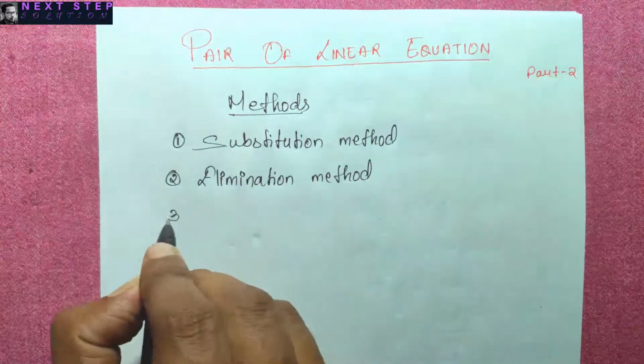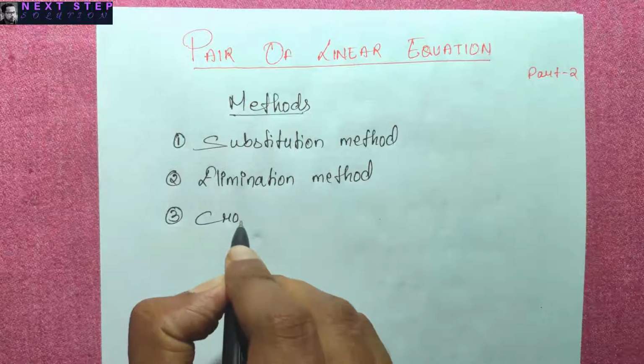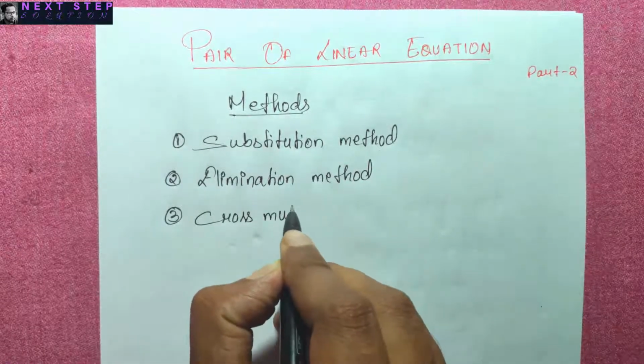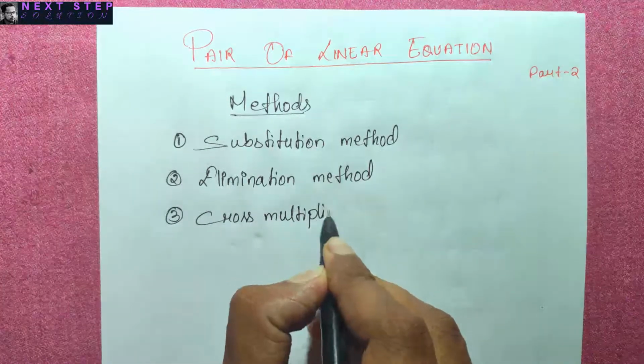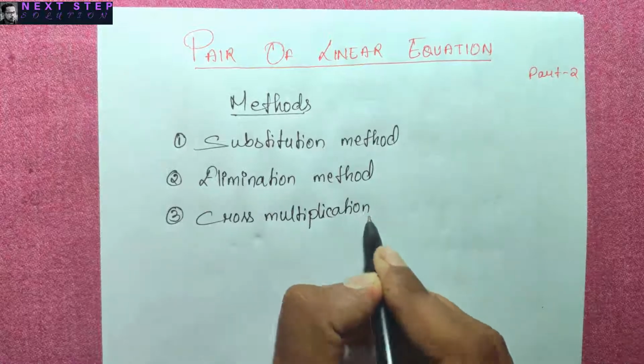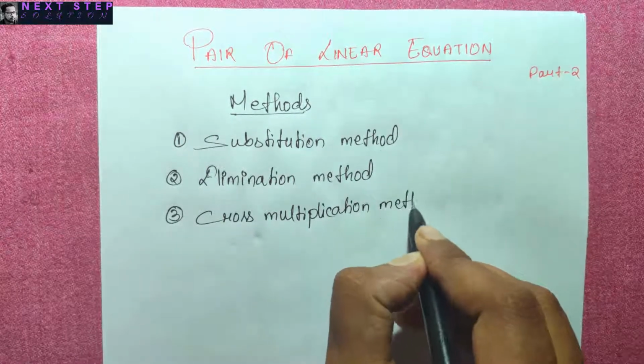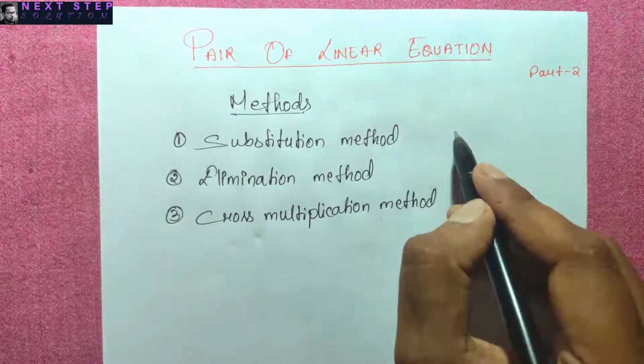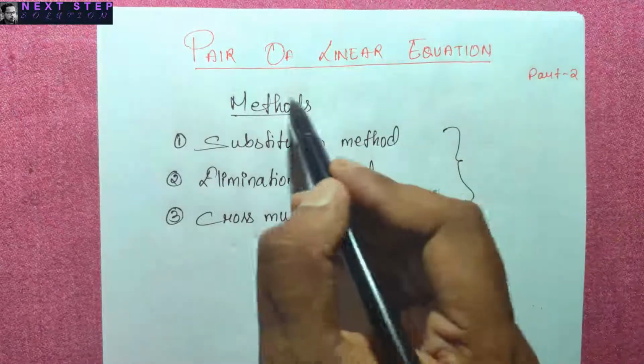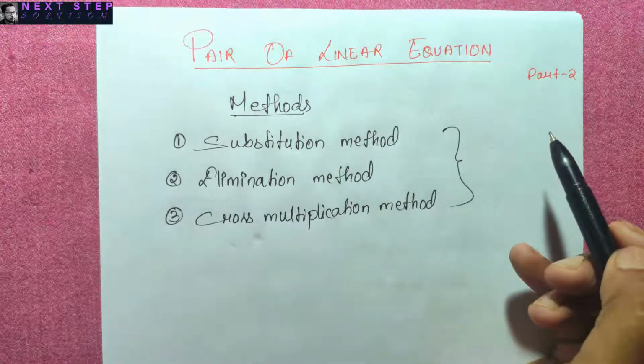And then we have the cross multiplication method. All these are methods of solving pairs of linear equations in two variables, and all of these are simple.